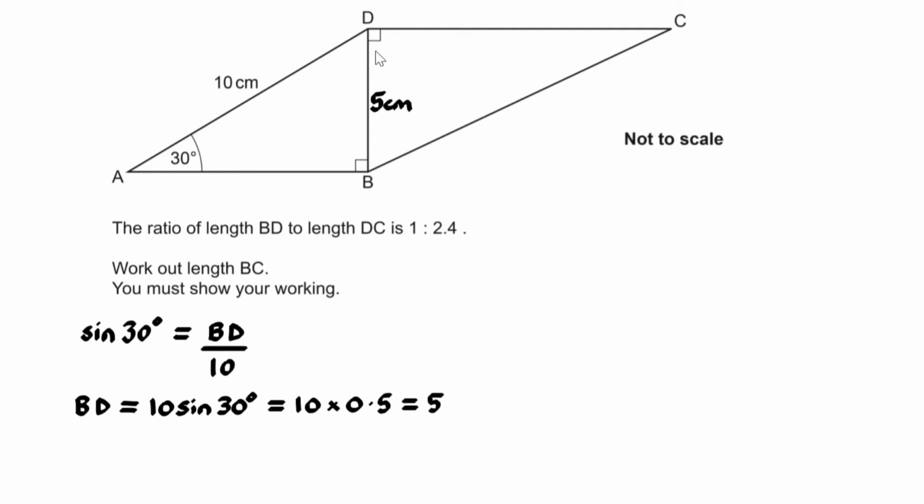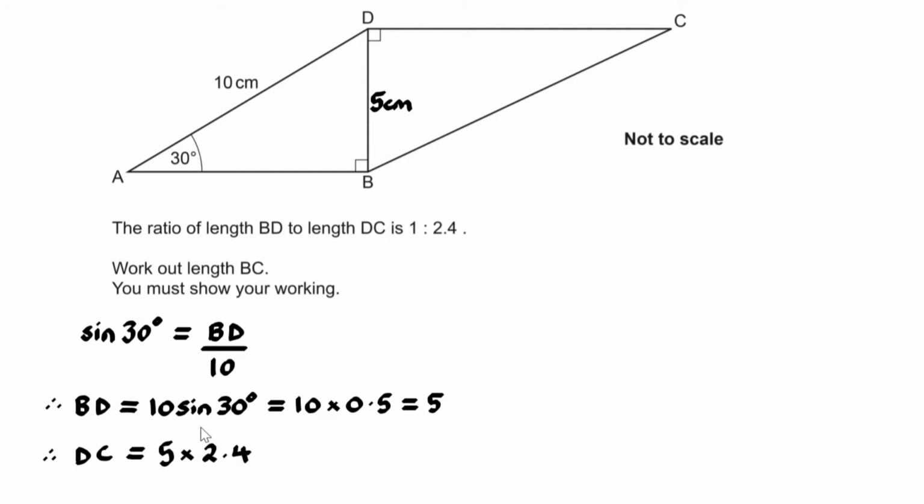We can now use this information to work out what DC is. So DC will equal, using the ratio we've been given, 5 multiplied by 2.4.